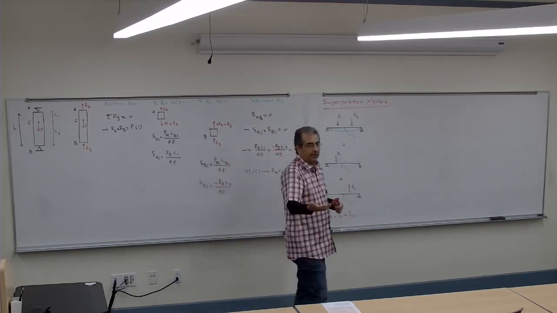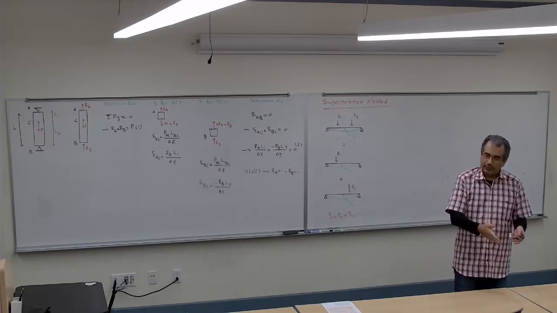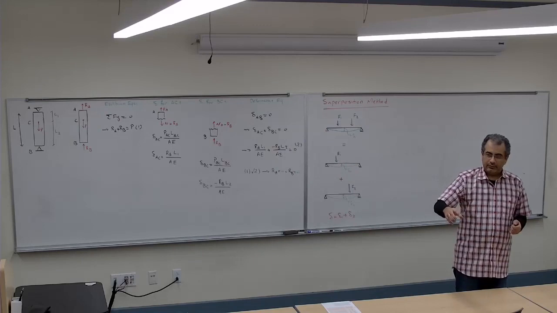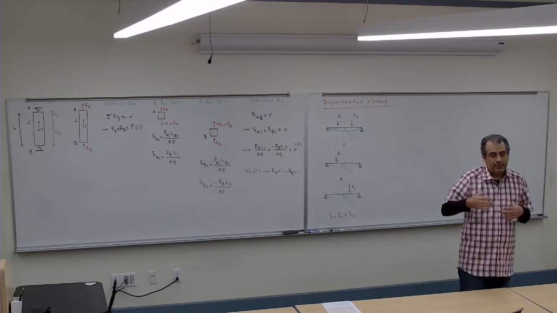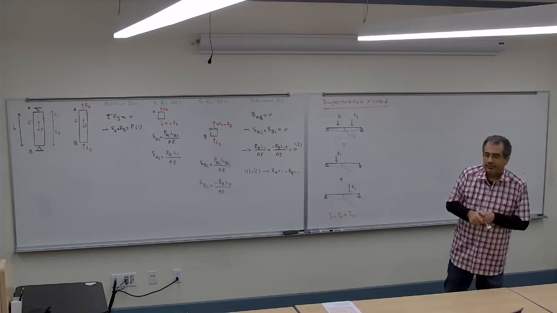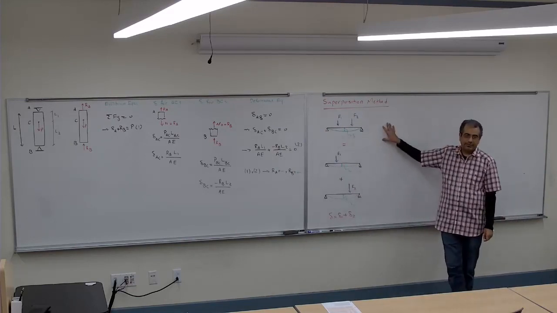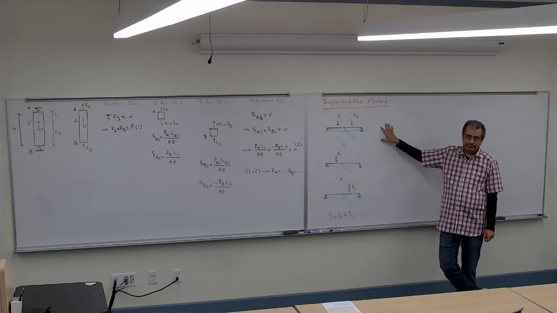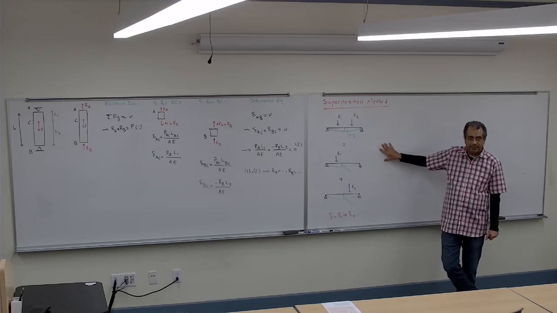So basically, I break the case into simpler problems and find whatever I need to find, and then add all those simpler problems together. So that's the superposition method. So, any question about here?